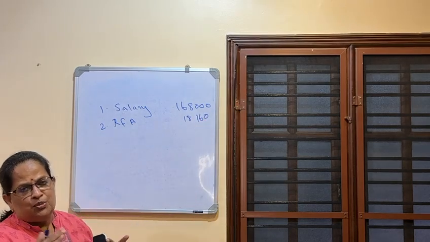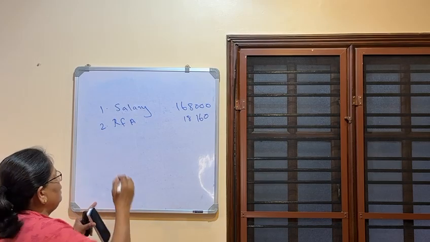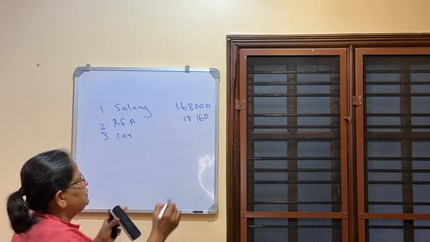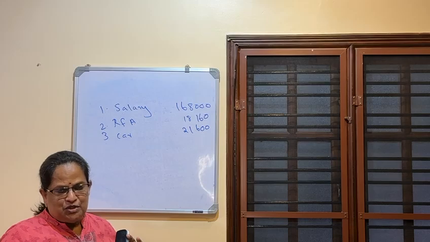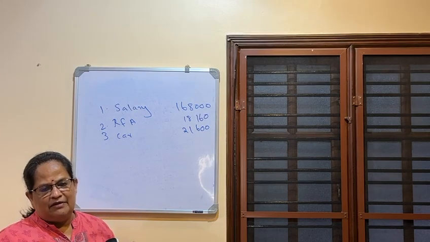Car, a small car of 1.6 liters, that means 1,800 into 12. The car value into 12 is 21,600. If a driver is provided, 900 into 12 will also come. Here the driver is not included.